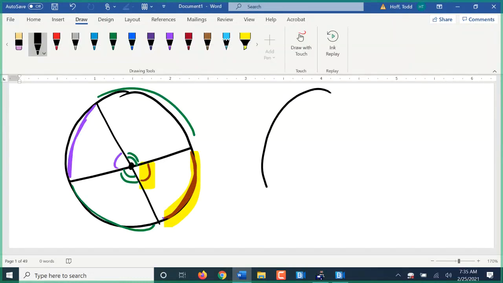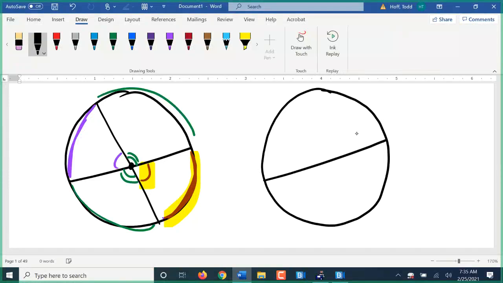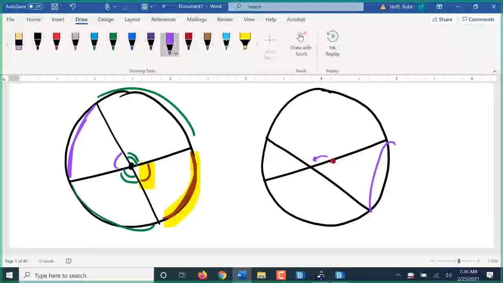But what if they don't intersect at the center of a circle? Well, notice the center of the circle somewhere over here, we've moved our intersection away from the center of the circle. And you'll notice what happens is this arc got larger, this arc got smaller as we moved away from the center with our intersection.